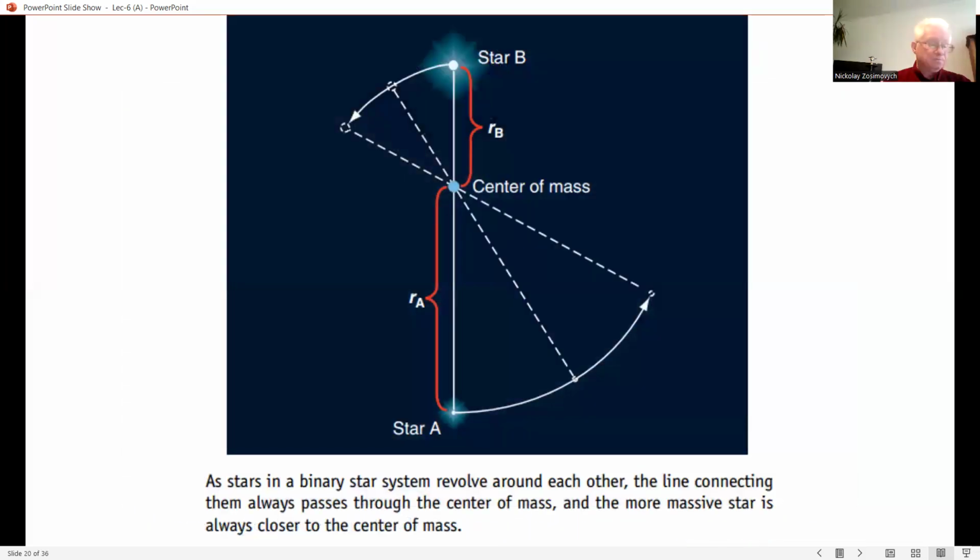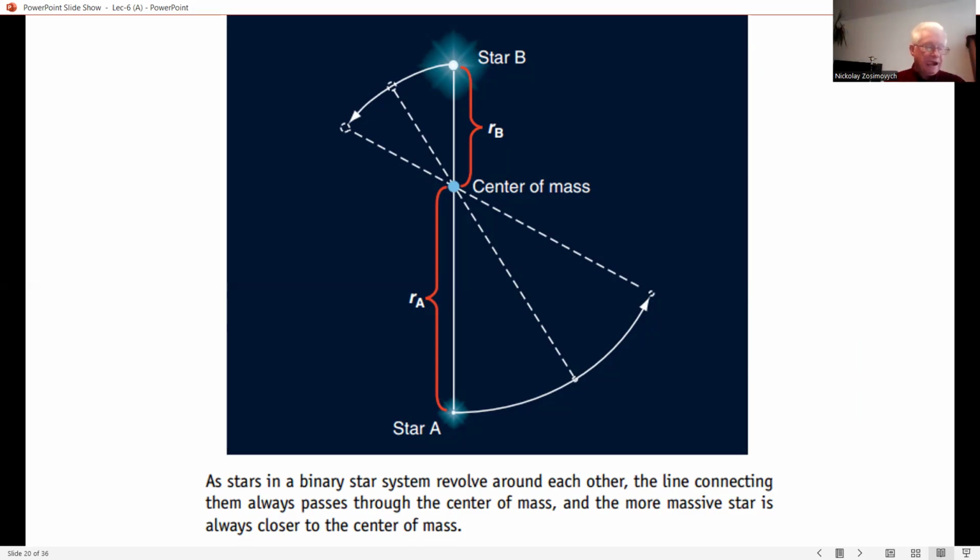Each star in a binary system moves in its own orbit around the system's center of mass, the balance point of the system. If the stars were connected by a massless rod and placed in a uniform gravitational field, such as the near-Earth surface, the system would balance at its center of mass, like a child's seesaw.